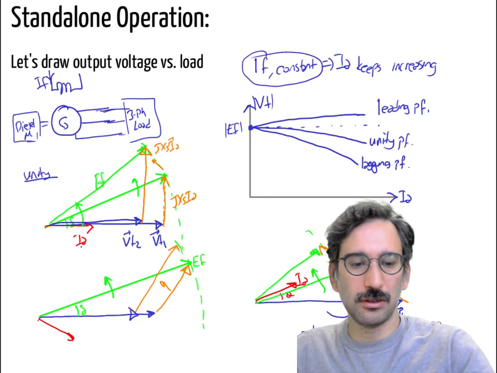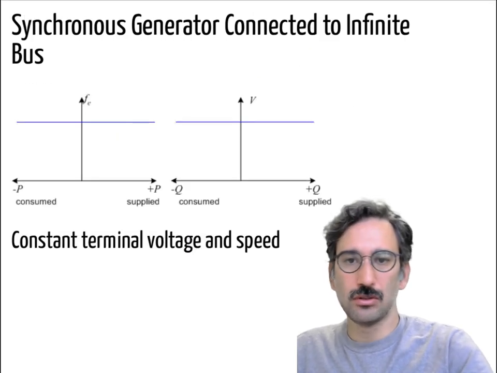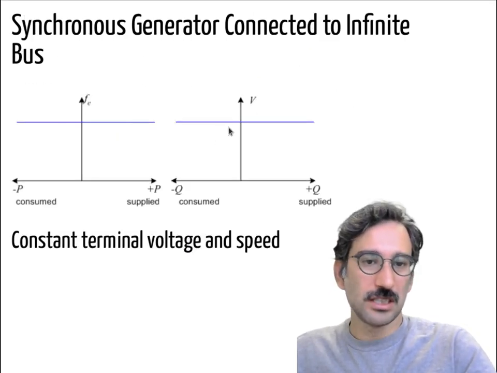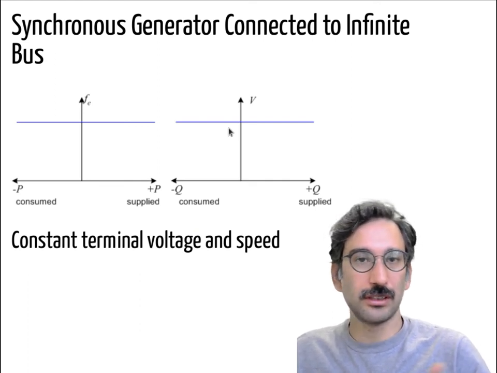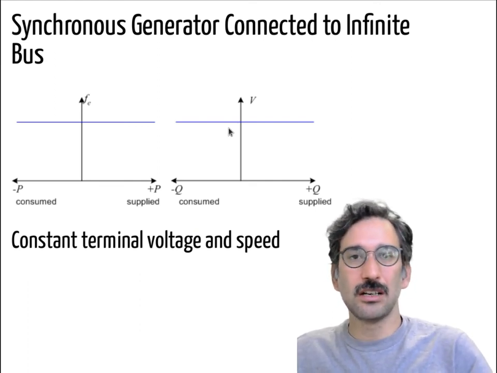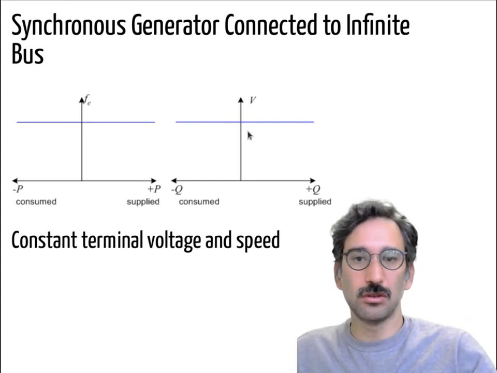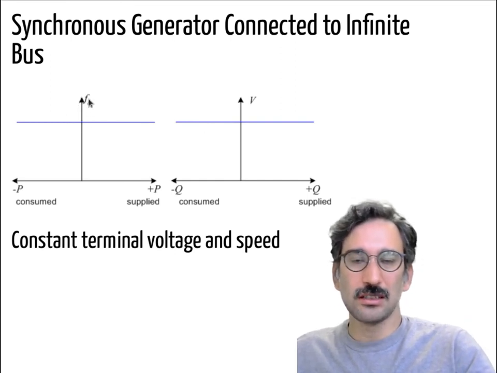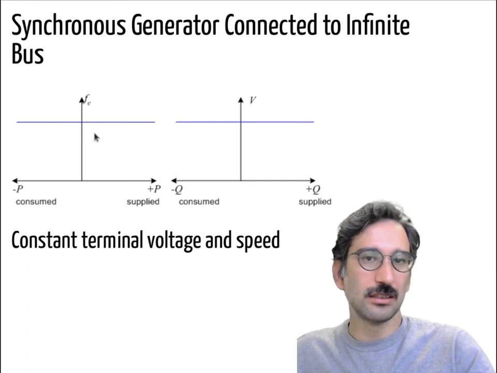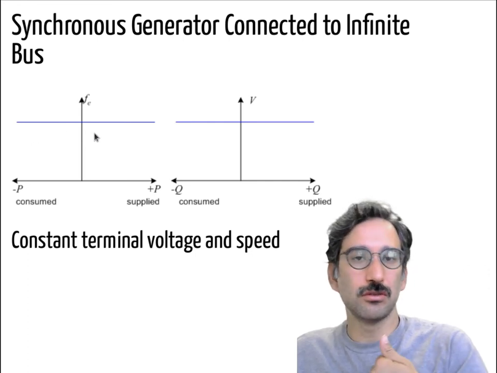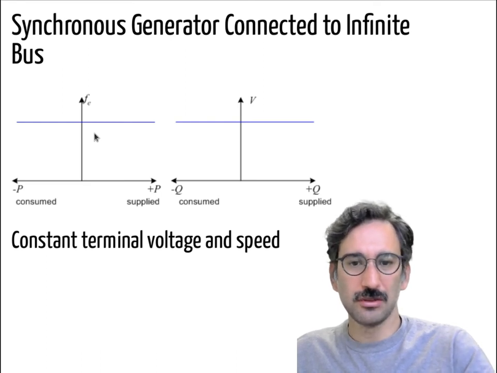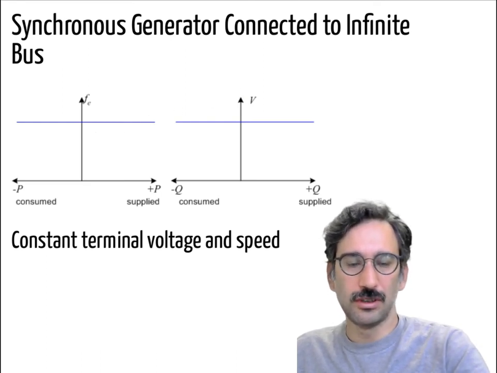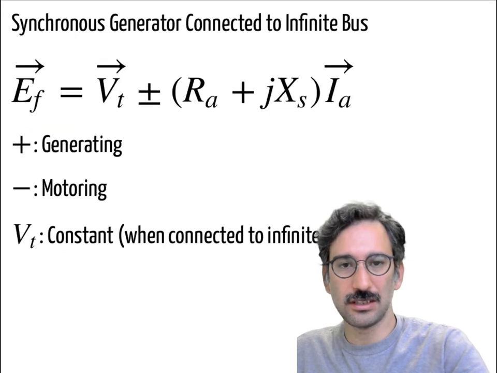But in a grid connected machine, the voltage is the same regardless of whether you are working as a motor or generator or the amount of current. So it is quite an ideal voltage source. And again, you cannot change the frequency. You can either supply some power or consume some power, but you will not have any effect on the frequency and voltage of the grid itself.